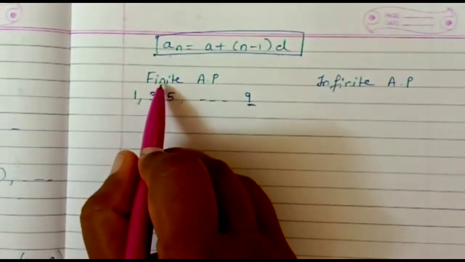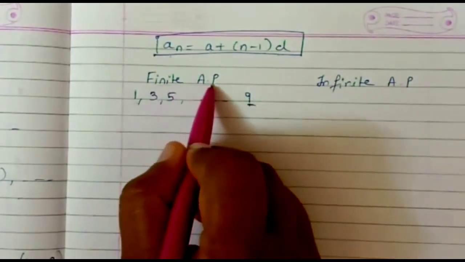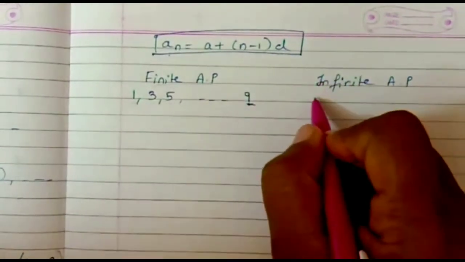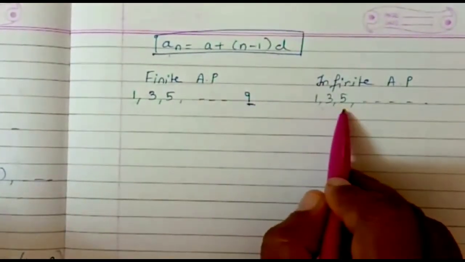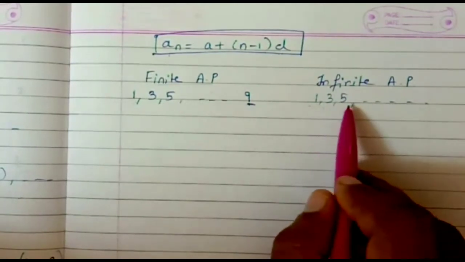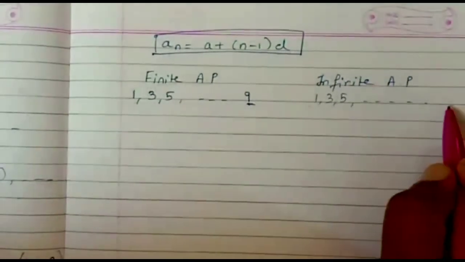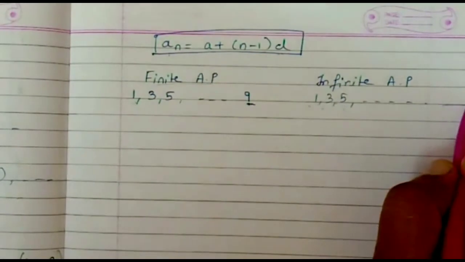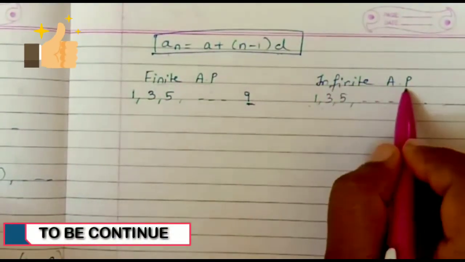As it has definite terms, it is called a finite AP. Sometimes for the same sequence, I do not give you the end point. If I say the sequence is obtained by adding 2 to the first number 1, it keeps on increasing: 1, 3, 5, 7, 9, 11, 13 and so on. That means there is no last term. There can be 100 terms, there can be 1000 terms. Such a sequence is called an infinite arithmetic progression.